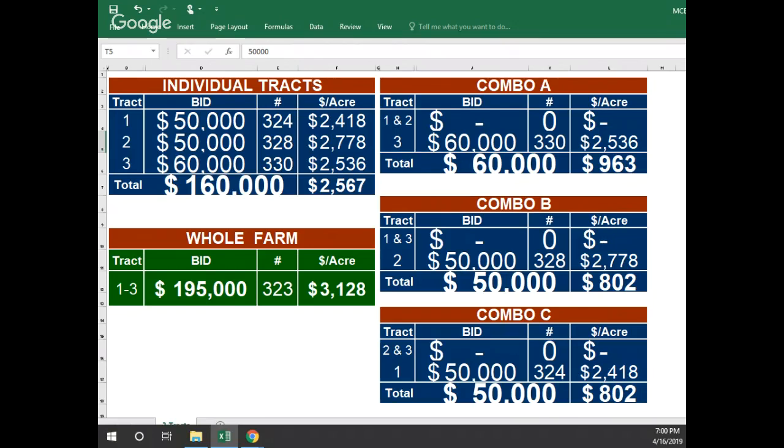Don't see too many times when the wooded track brings as much or more than the tillable tracks. Put tracks 1 and 2 together, guys, 140,000. We'll get the tracks broke out. Not too many times when you can buy 35 tillable acres for $140,000, guys. Pretty good opportunity here.